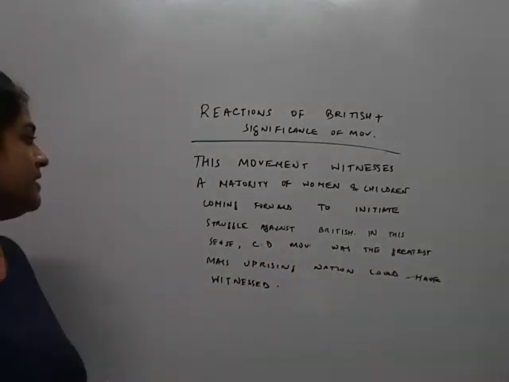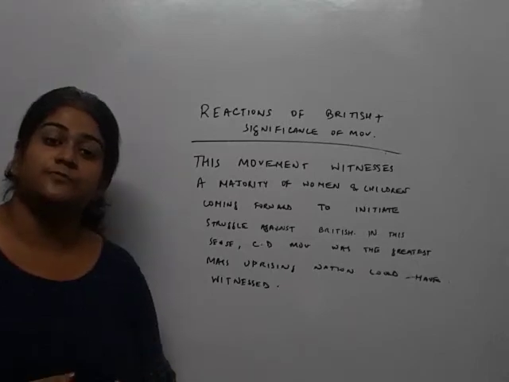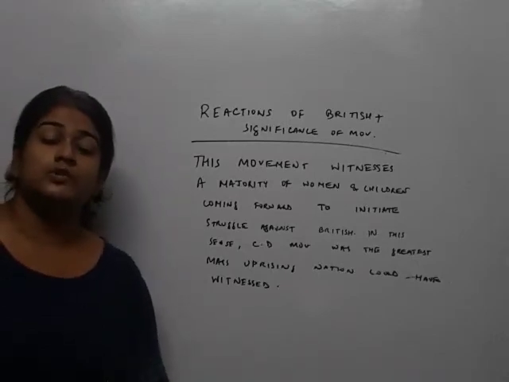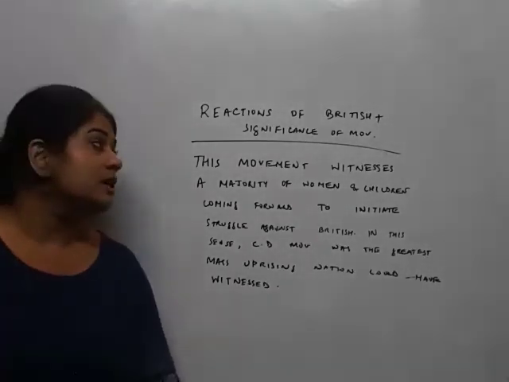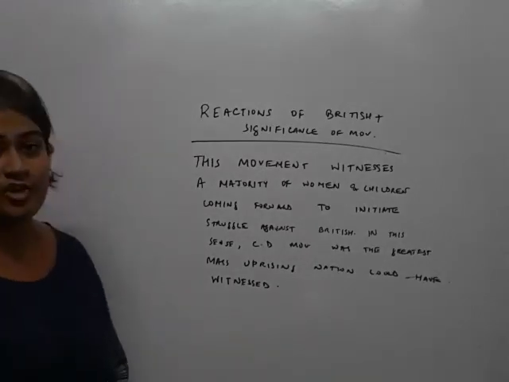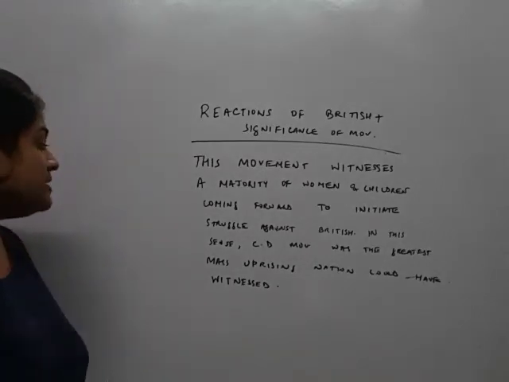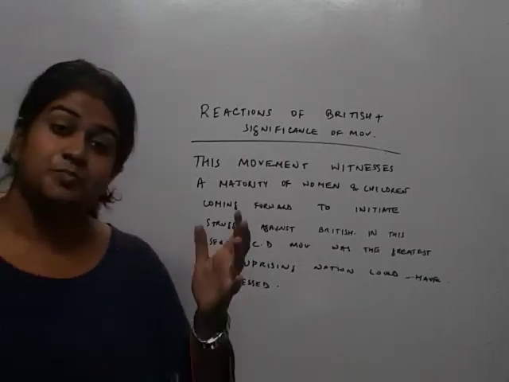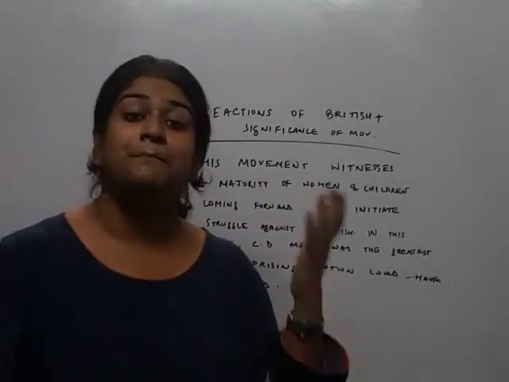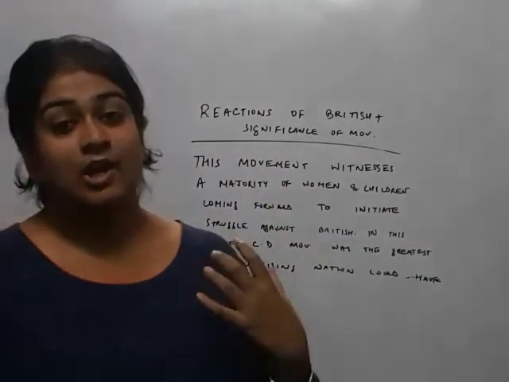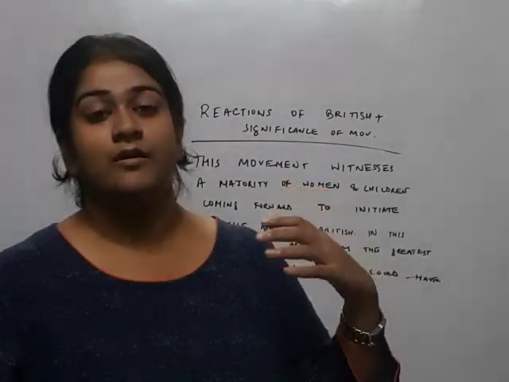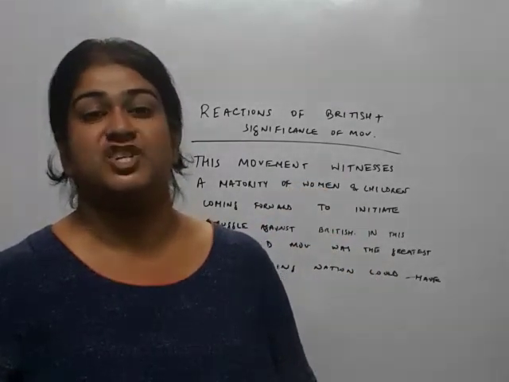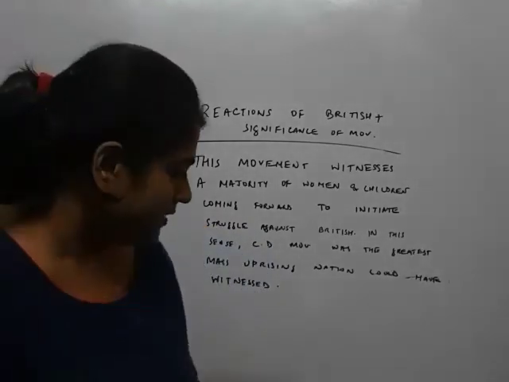So this movement actually witnesses a majority of women and children who come forward to lend their hand or contribution towards initiating the struggle for freedom against the Britishers, and so as such this movement can be regarded as one of the biggest mass uprisings launched by the Indians to free or liberate themselves from the shackles of British colonialism. All right.